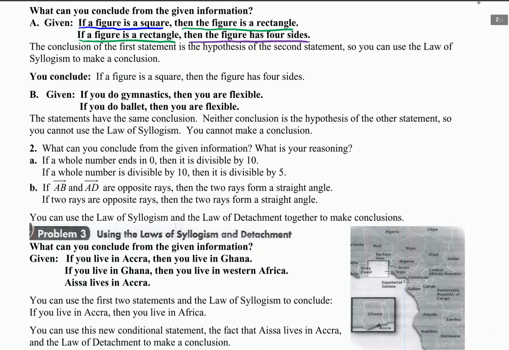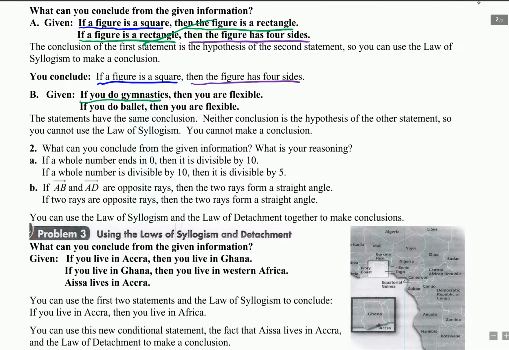So does the conclusion of one match the hypothesis of the other? Yes, it does. So we've got those two parts right there that are the same. It has to be the conclusion of one of the statements and the hypothesis of the other statement. So we could use the law of syllogism to say if a figure is a square, then the figure has four sides. All right, let's look at the next one.